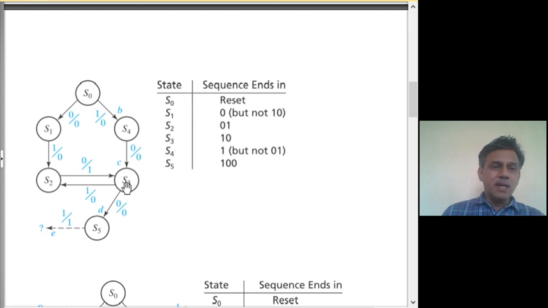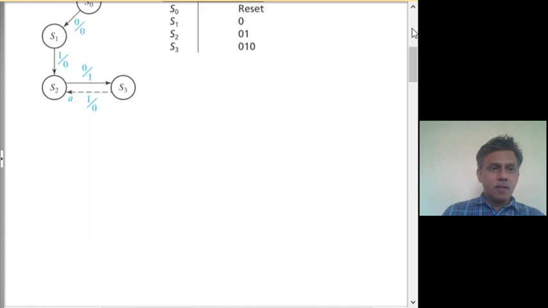If you look at S3, we have arrived at S3 in this branch by going through 1, 0. Whereas in the older circuit, S3 is obtained after receiving a 0, 1, 0.